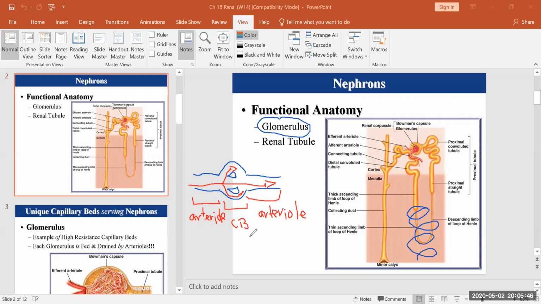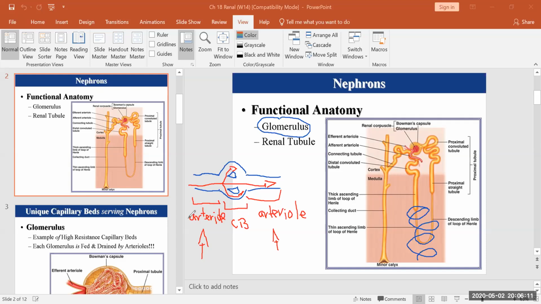Okay, so we have arteriole on this side flanking the capillary bed as a normal capillary bed. But what is amazing is on this side, instead of a venule, you also have an arteriole. So since we have 2 artery type blood vessels, we need to differentiate which one is which.